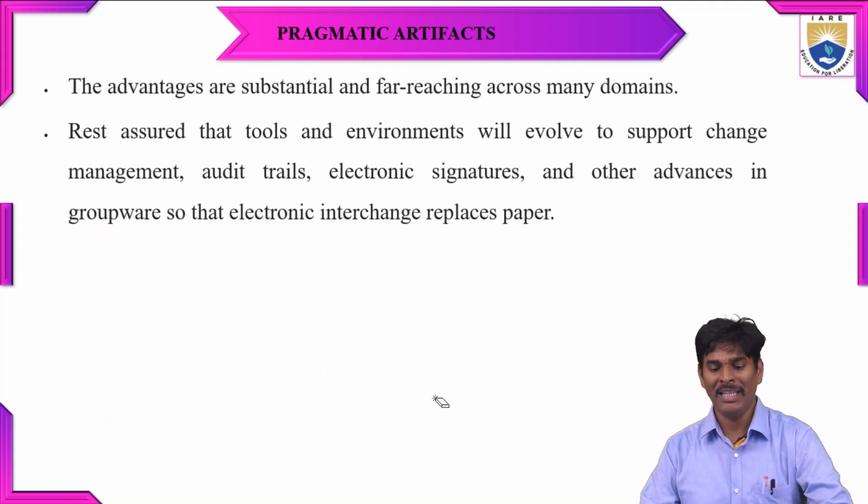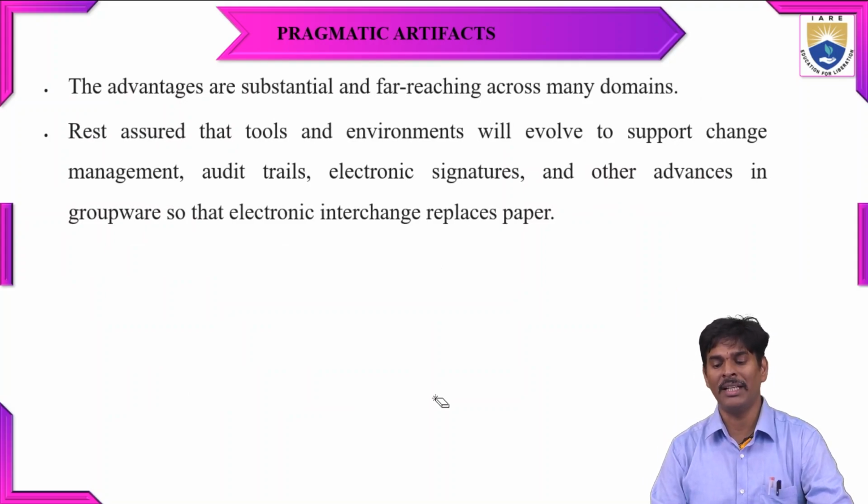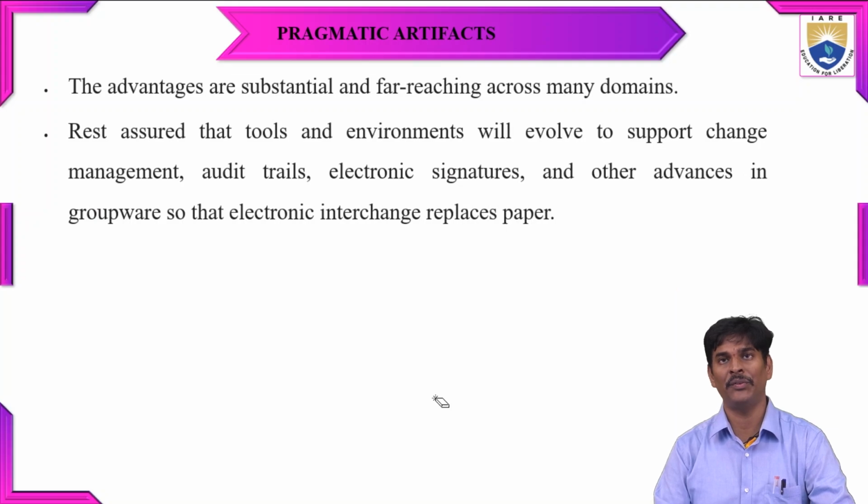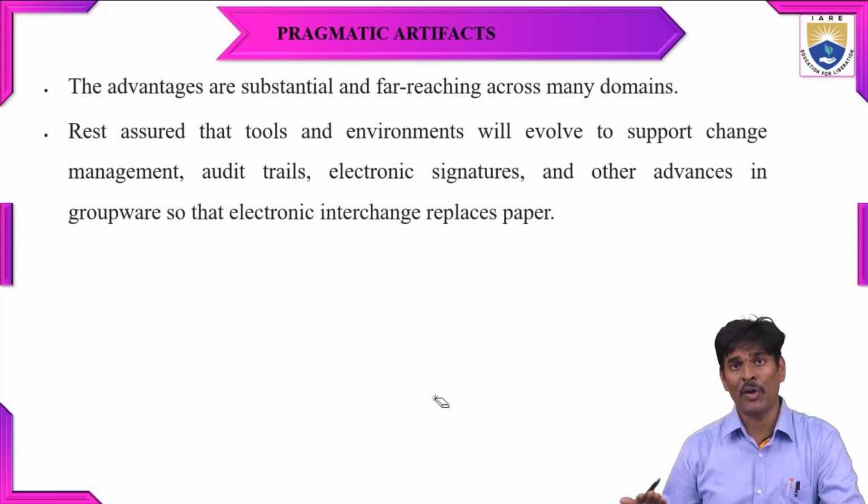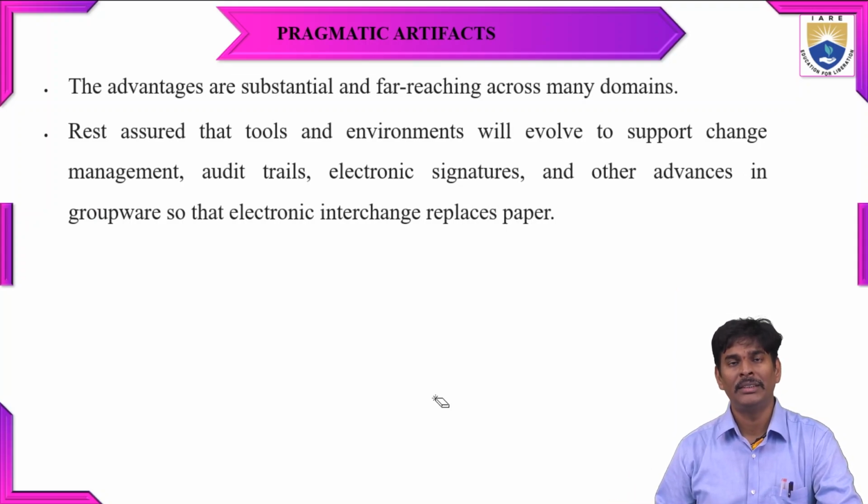The main advantages are substantial and far-reaching across many domains. We can submit the electronic documentation throughout the world. We can have tools and environments so that, based upon the changes, we can have audit trails and electronic signatures.